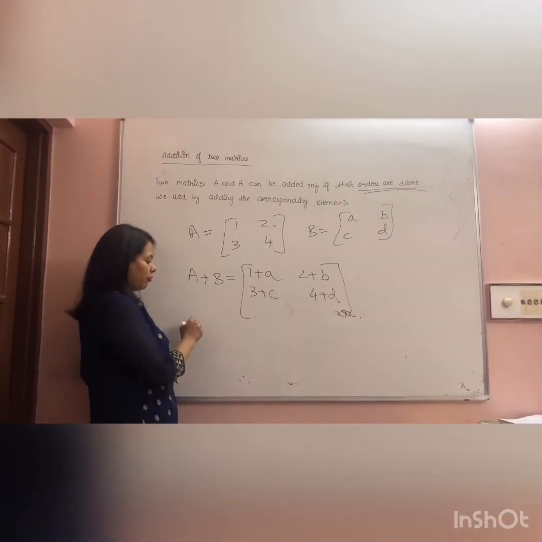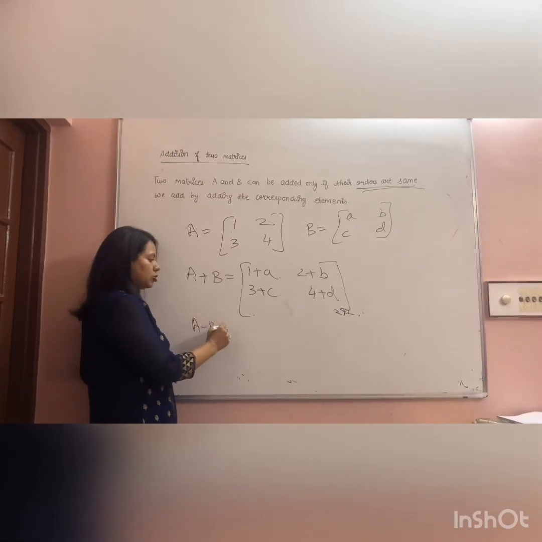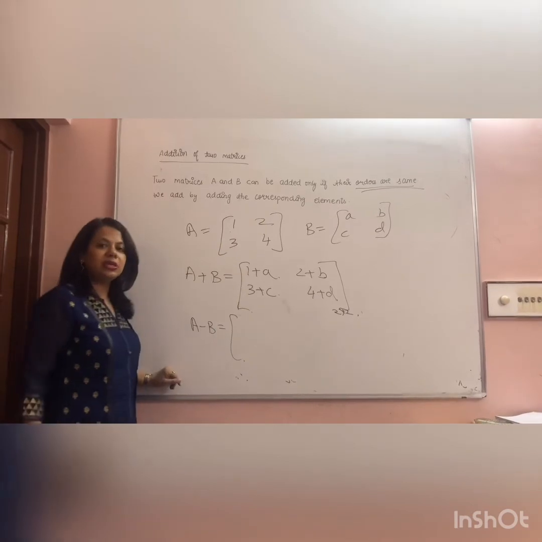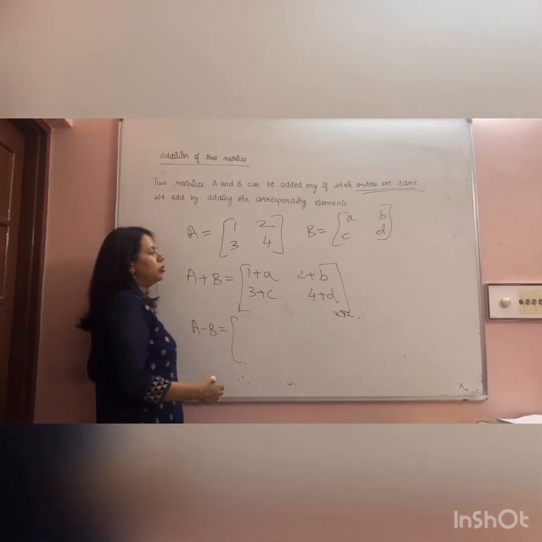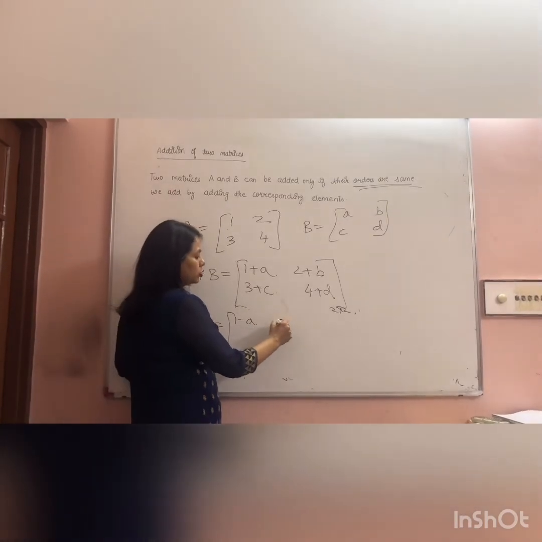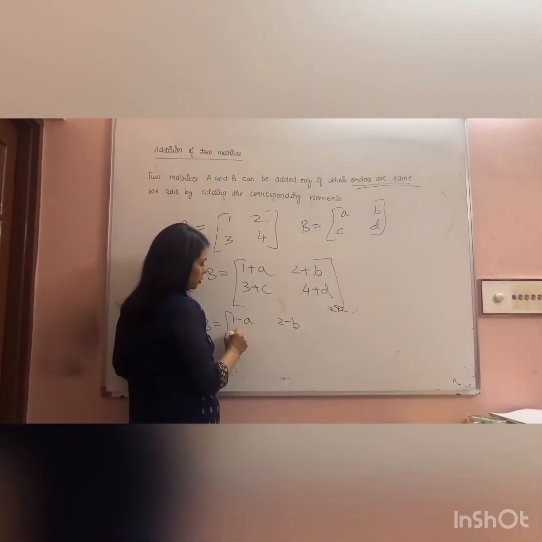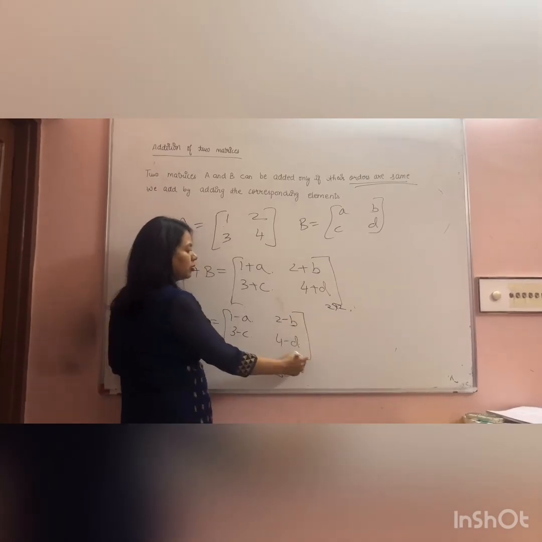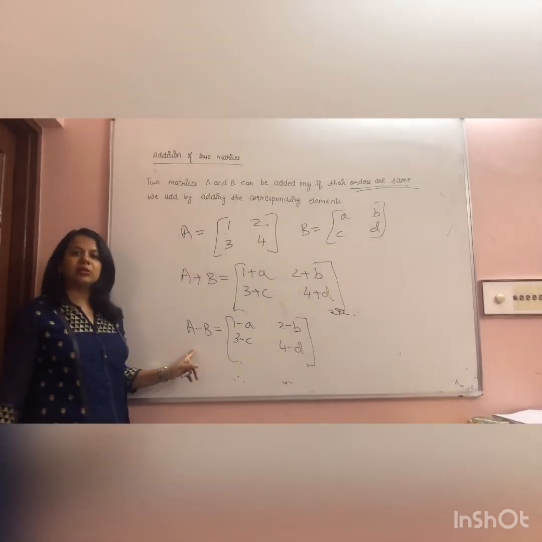Now how do I perform subtraction? Subtraction is also done in the same way. Matrix addition is something very easy. So now how do I subtract? 1 minus a, 2 minus b, 3 minus c and 4 minus d. That is how I perform matrix subtraction.